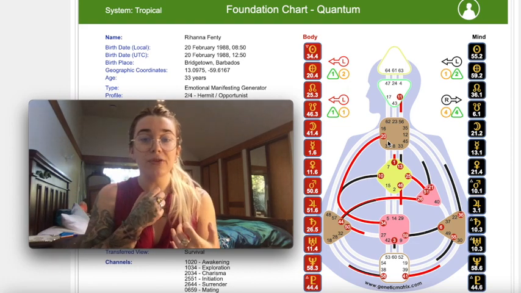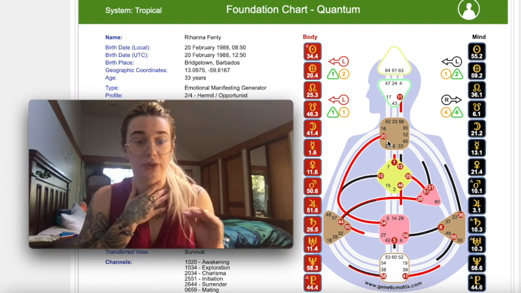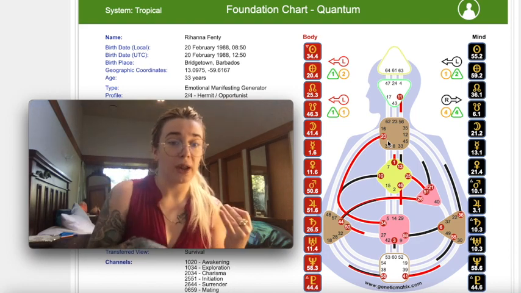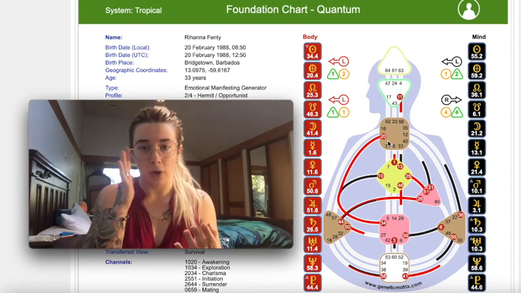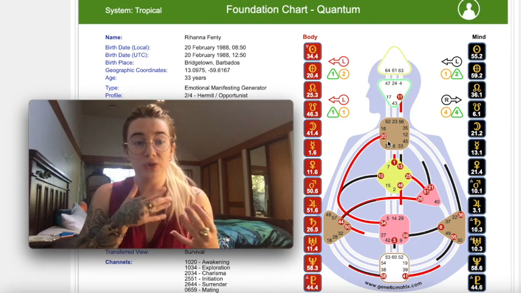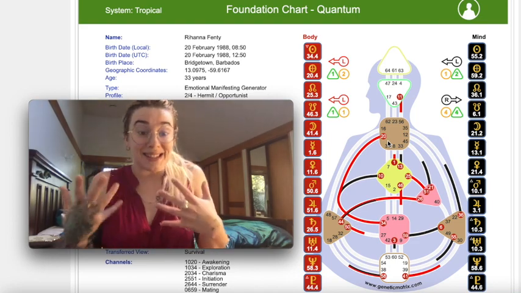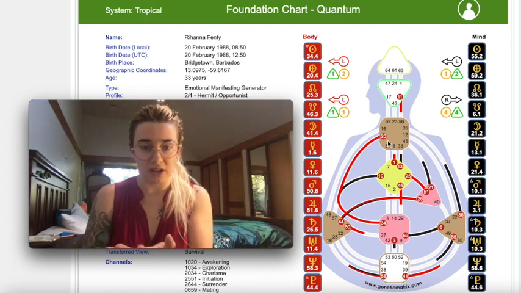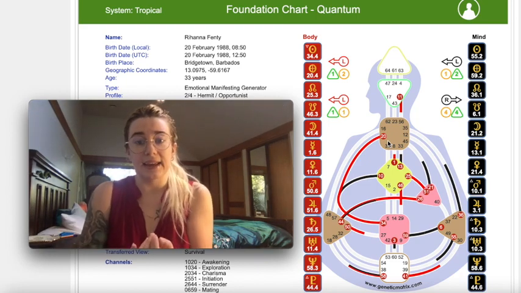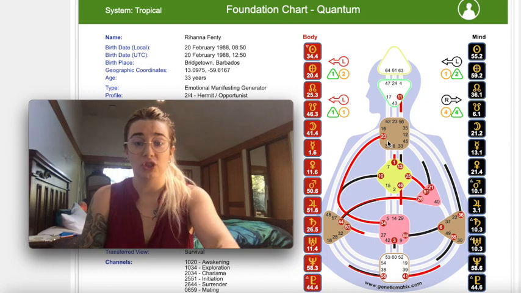A generator may or may not have a defined throat, but a manifesting generator always has one because it's consistently getting energy from one of the motor centers. In Rihanna's case, it is the manifesting generator channel, the 20 to the 34, the channel of charisma.